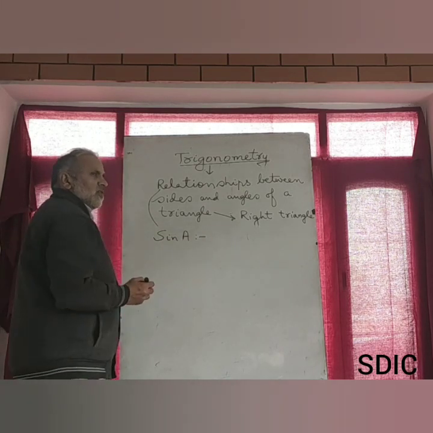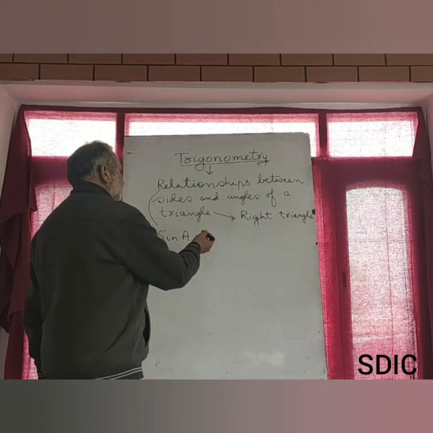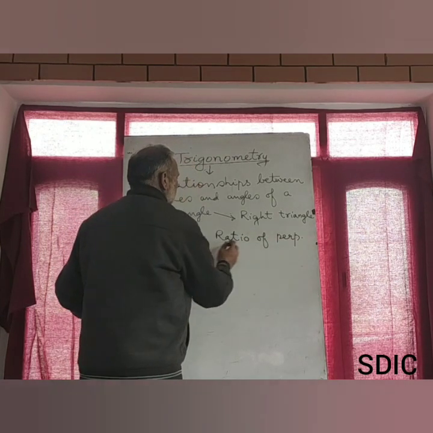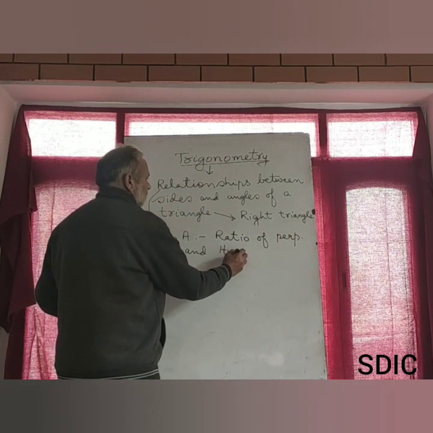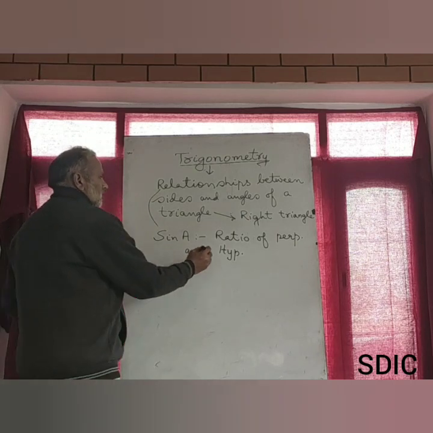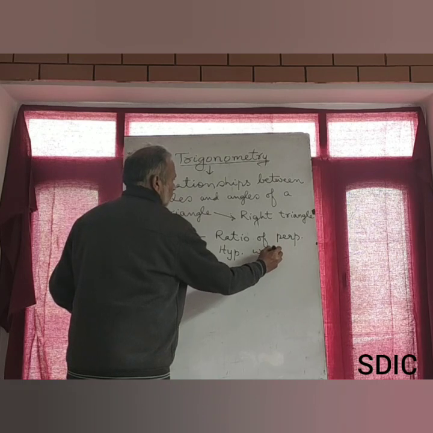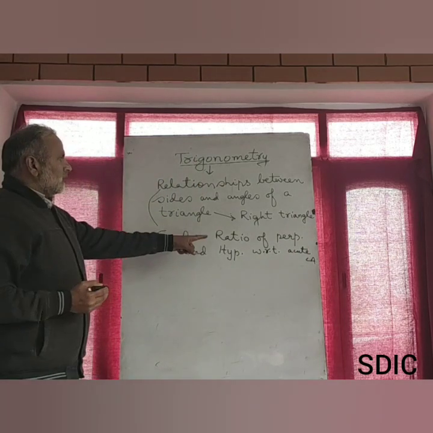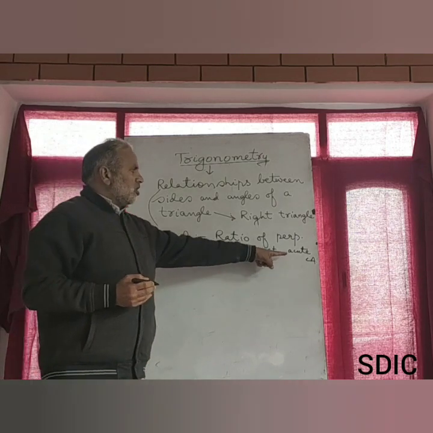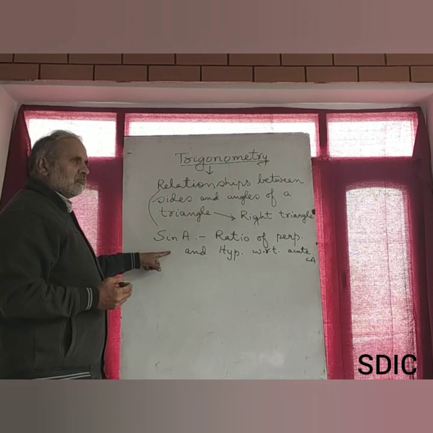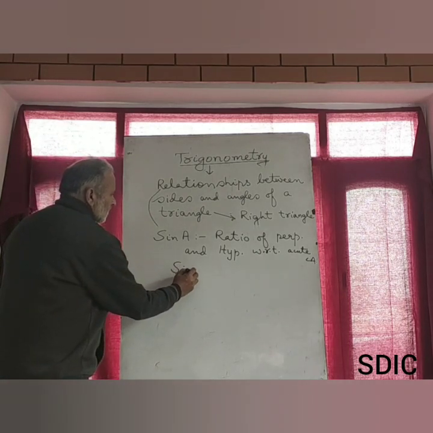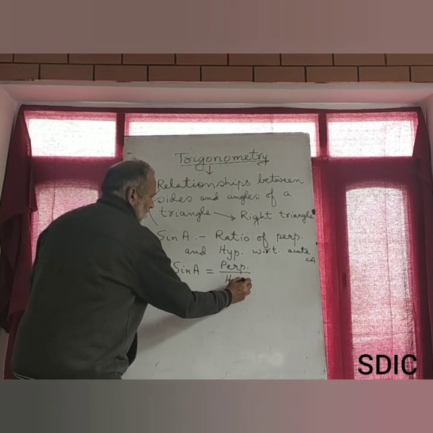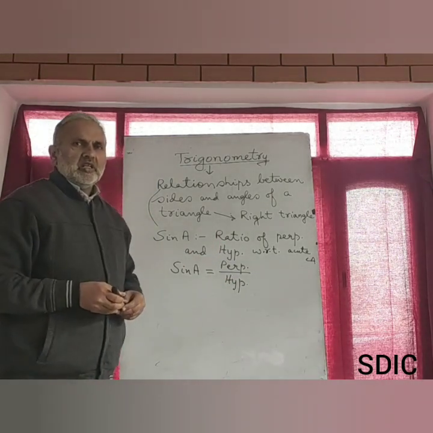Sine A is defined as the ratio of perpendicular and hypotenuse with respect to acute angle A. This is the definition of sine A. Therefore, sine A is written as sine A is equal to perpendicular by hypotenuse.